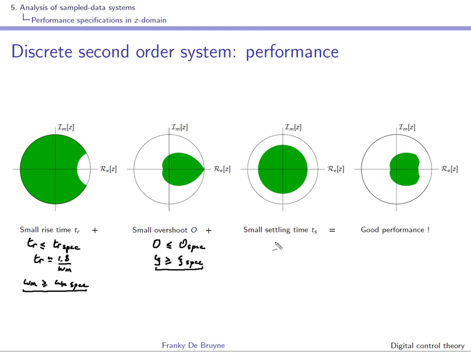right? And the settling time also should be smaller or equal to some specified settling time. The settling time is 5 over sigma, where sigma is the real part of the pole in the Laplace domain, right? So this can be transformed into sigma larger than some sigma spec.